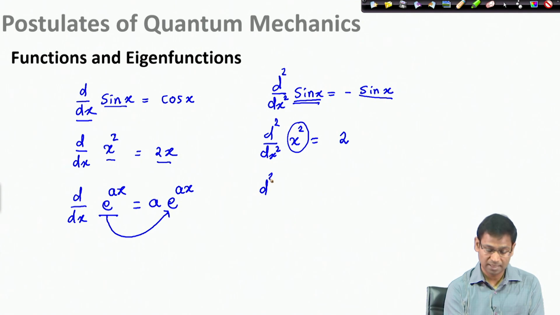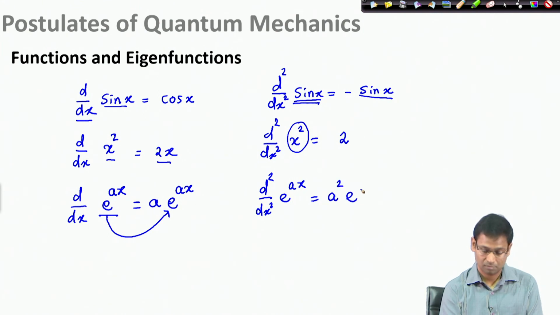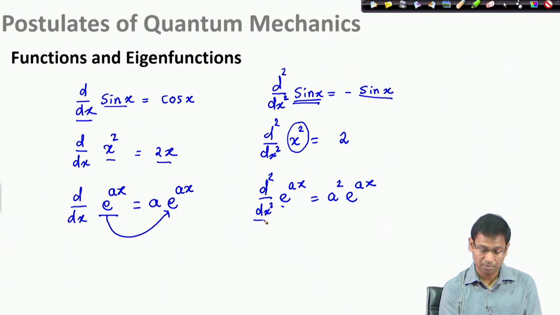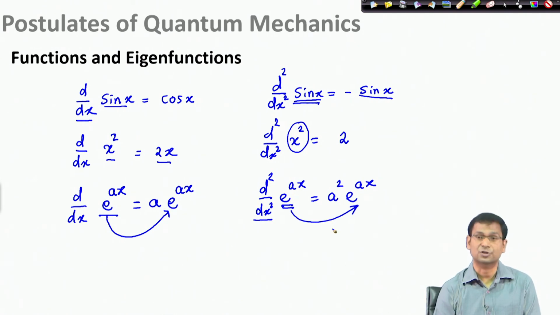I would do the same for the third function. When d square by dx square acts on this e to the power a x function, I get back the function multiplied by a square.